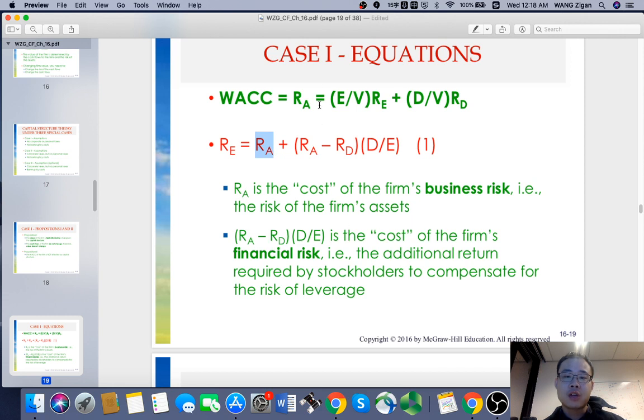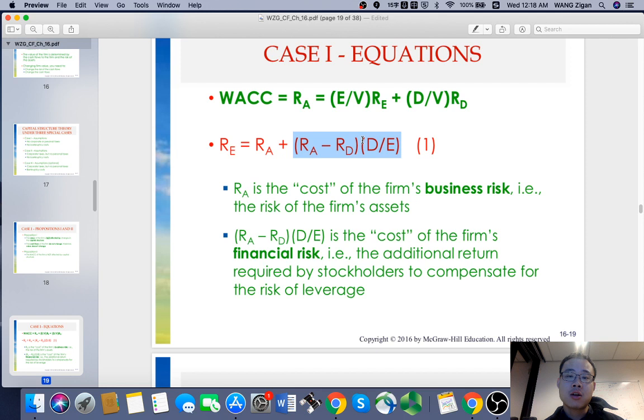The second part of this equation is the cost of the firm's financial risk. When D is zero, when the debt is zero, you don't have any financial risk. All of your risk is operational business risk. And when the D/E ratio is higher, then this risk is also higher.